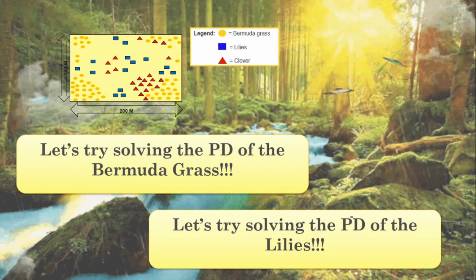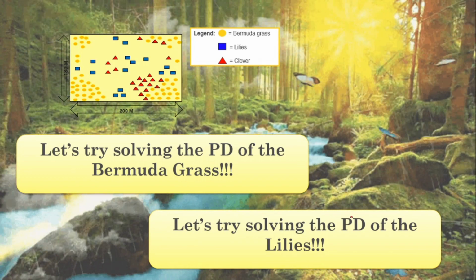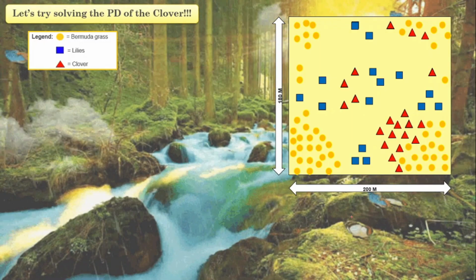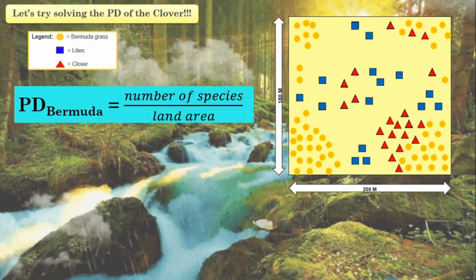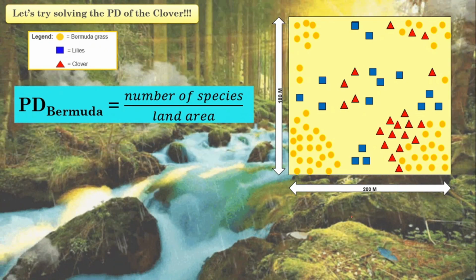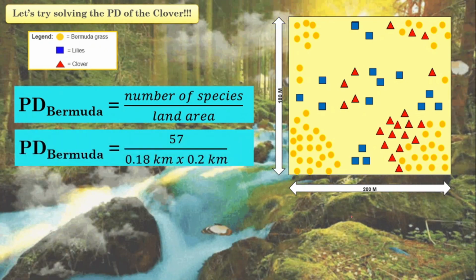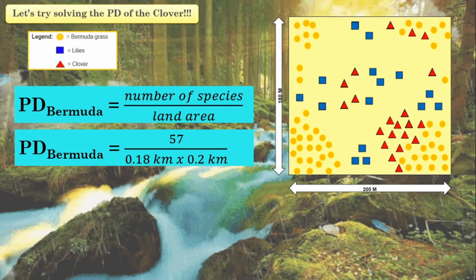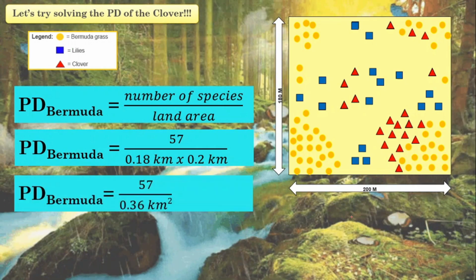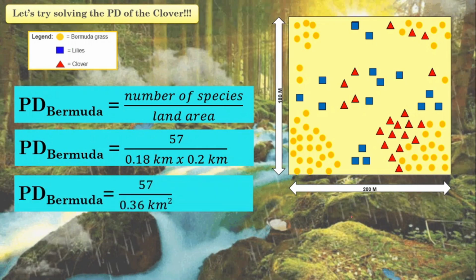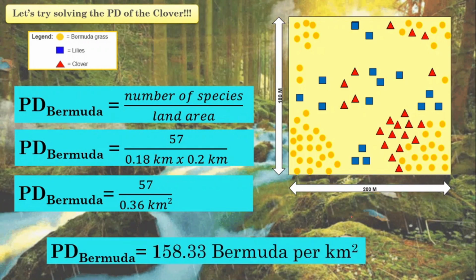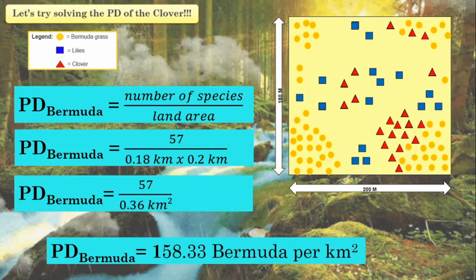Okay, so let's try solving the population density of the Bermuda grass and the lilies. Following the same formula, count the number of species for Bermuda, 57, then same land area, so that will be 0.36 square kilometers. 57 divided by 0.36 square kilometers is equal to 158.33.